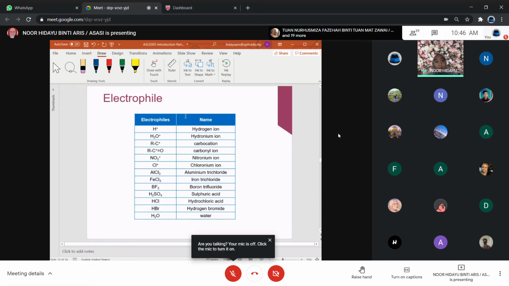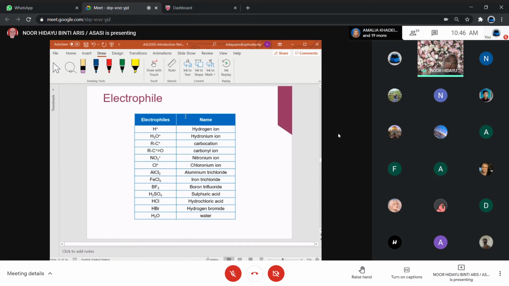Kita panggil dia sebagai apa? Neutral. Neutral. Bukan. Lain.